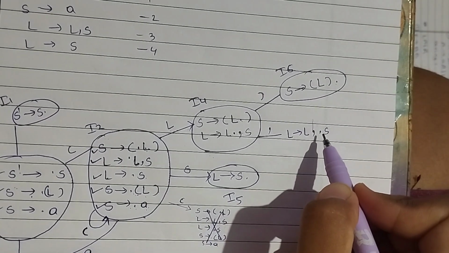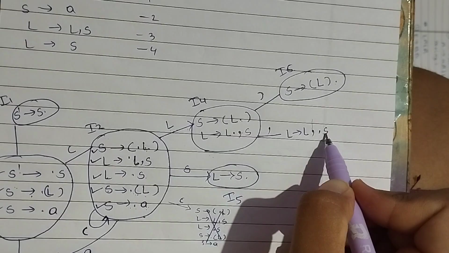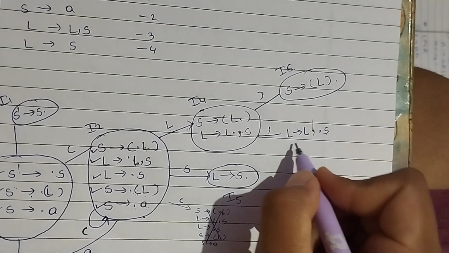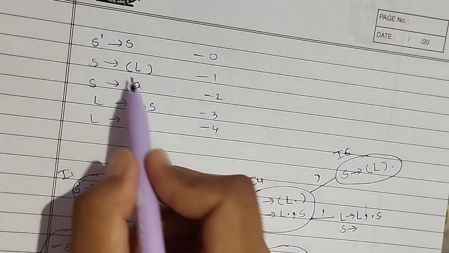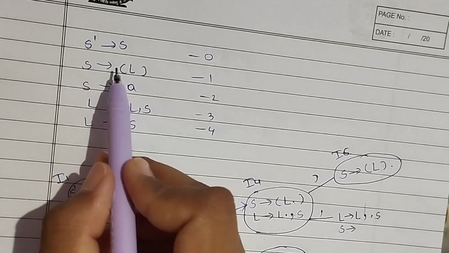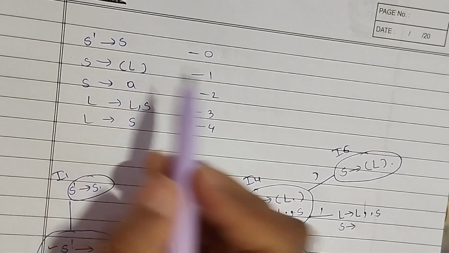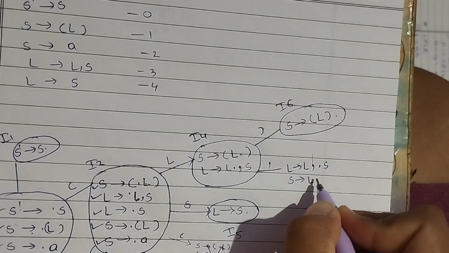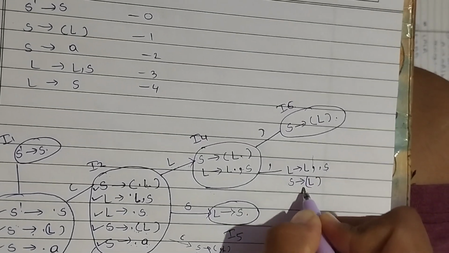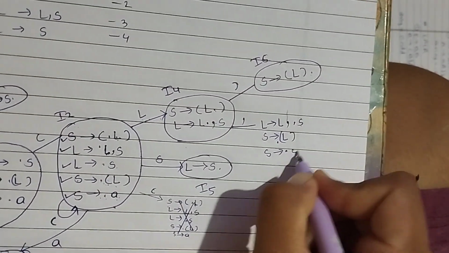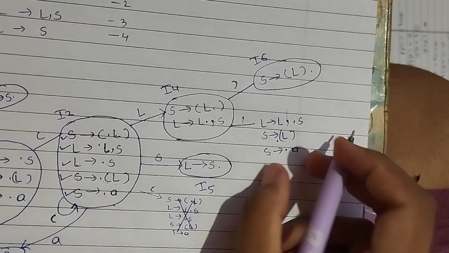Now after the dot S is present, which is a non-terminal, so we explore more. We write all the grammar of S: S → ·(L), and one more, S → ·A. Now, do we explore anything here?